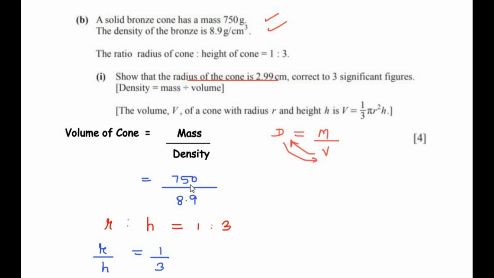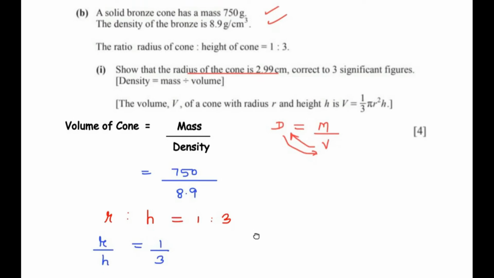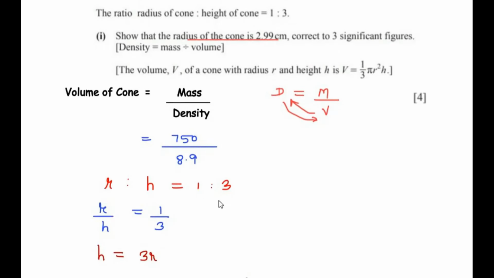Now the next piece of information is the ratio of radius to height, given as 1:3. The same ratio we can also write as a fraction, that is r over h is equal to 1/3. Now cross multiplying, 3 multiplies with r and h multiplies with 1, giving us h is equal to 3r. Now the next piece of information is the volume formula.